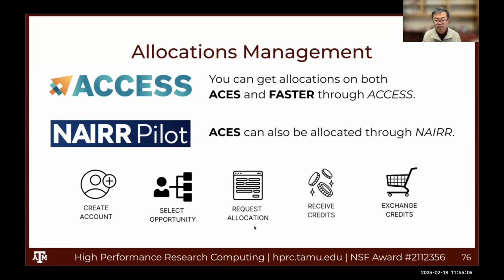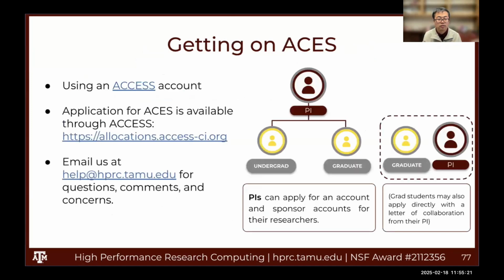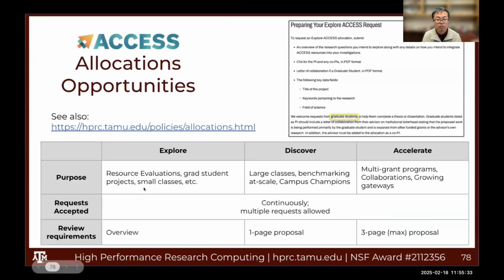And then you can request allocation, receive the credits, and then exchange credits onto ACES or FASTER, and then you will be able to use our cluster and the accelerators as well. This is in the slides, how you can apply for ACES, and we hope this can help you. This is about some allocation opportunities.